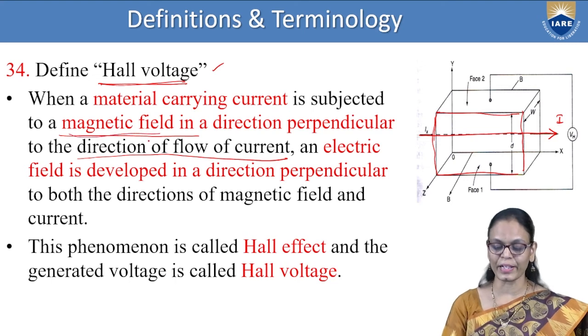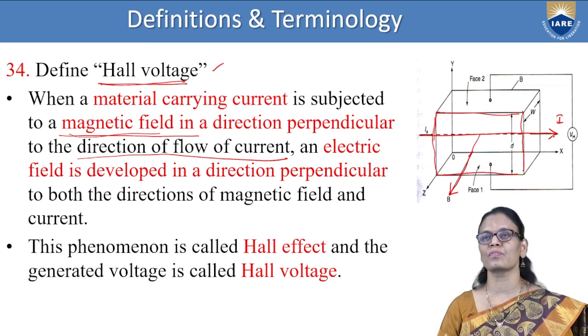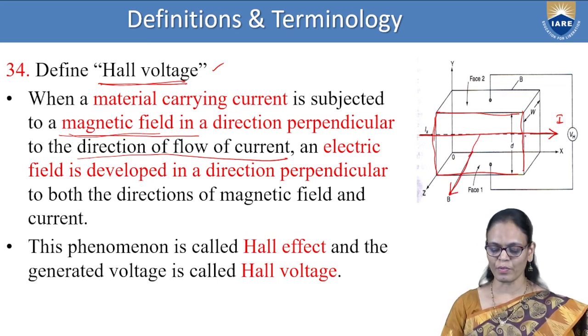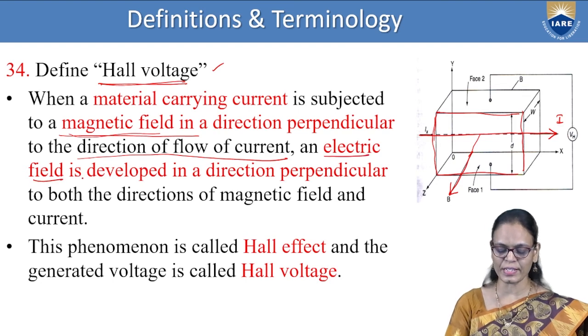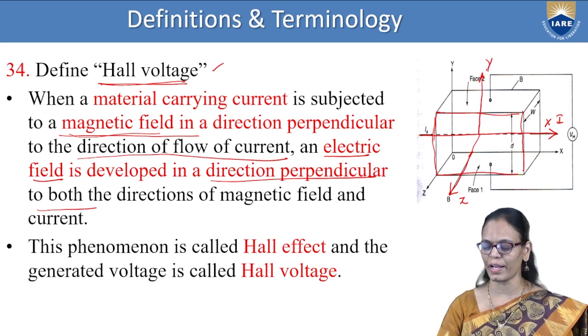And we have a magnetic field. This magnetic field is perpendicular to the direction of flow of current. Then what happens? An electric field is developed in a direction perpendicular to both. If this is along the x-axis and this is along the z-axis, now we have a field that is developed along the y-axis.